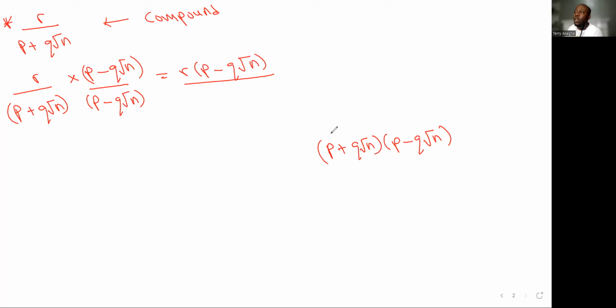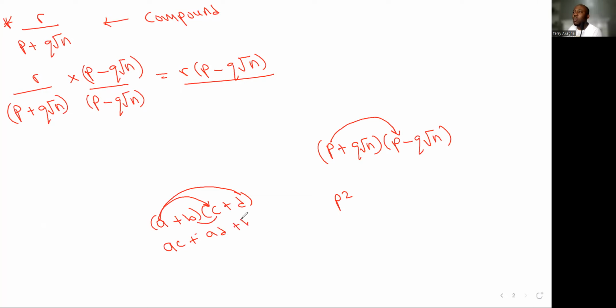I told you, you open the bracket, so p times p will give us p squared. If you remember, when expanding a plus b multiplied by c plus d, you have a times c giving ac, a times d giving ad, b times c giving bc, and b times d giving bd. Exactly the same thing we're going to do here.